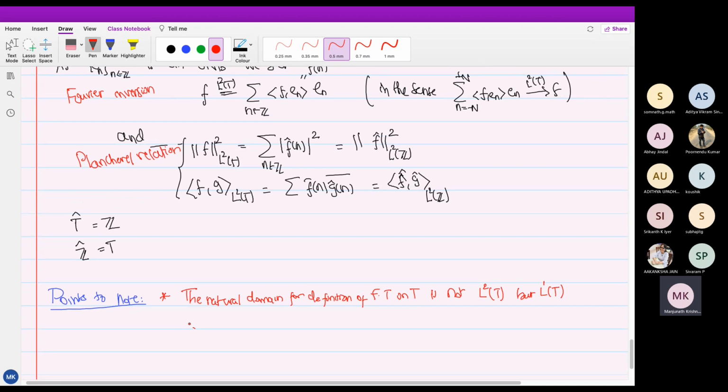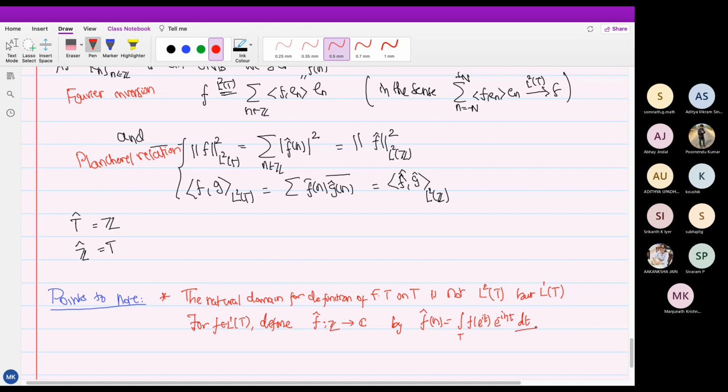Because for f in L1 of T, define f hat again as before, from integers to complex numbers, by f hat of n equals the integral over the circle of f of e to the it, times e to the minus int, dt over 2 pi.